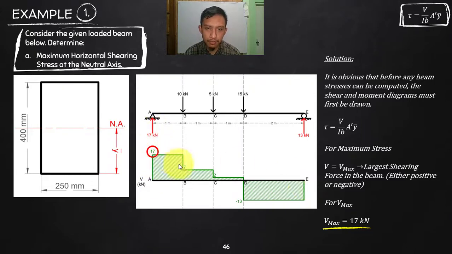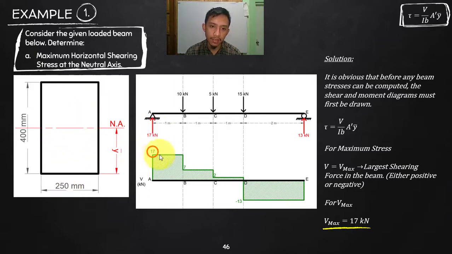By the way, in horizontal shearing stress, unlike in flexural, we need to investigate if there is a maximum on the positive and a maximum on the negative, especially if your neutral axis is not exactly in the middle due to the unsymmetrical property of that section.